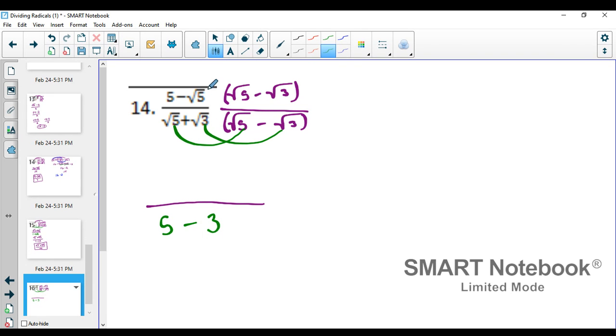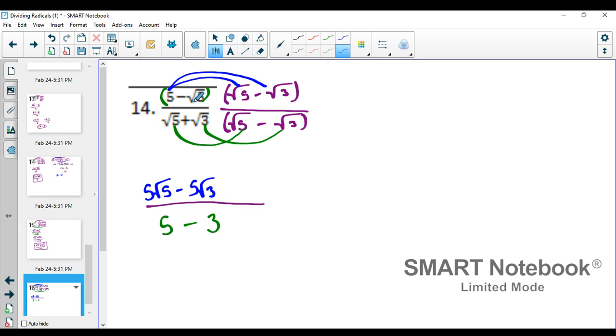Now, for the numerator, because these are not conjugates, they're just two binomials that need multiplied together, we're going to have to do distributive property twice. So 5 times the square root of 5 is 5 square root of 5. 5 times negative square root of 3 is negative 5 square root of 3.